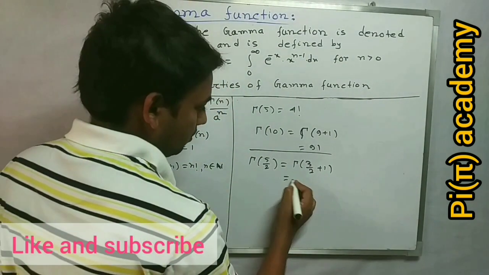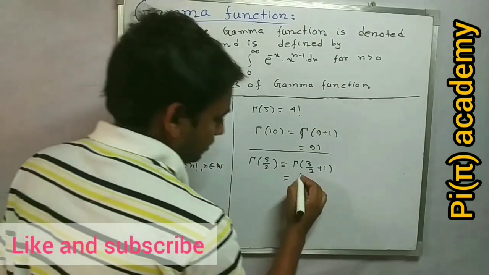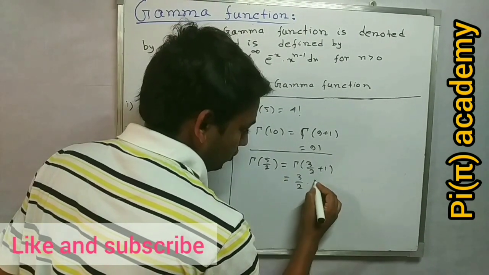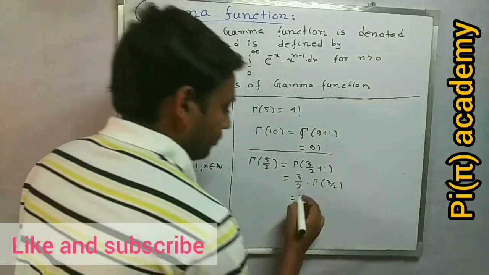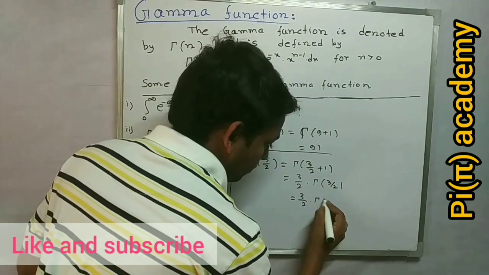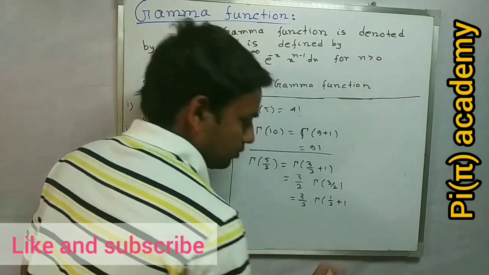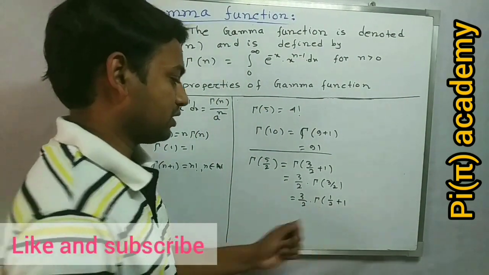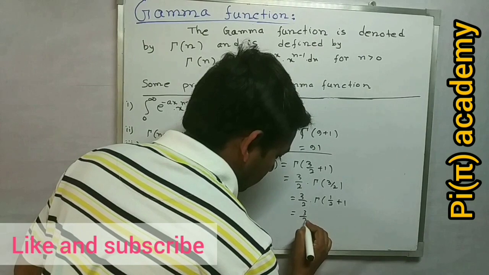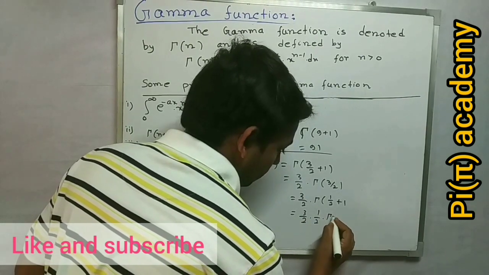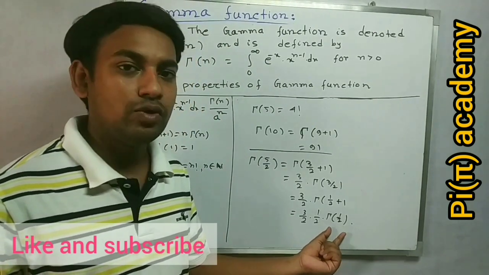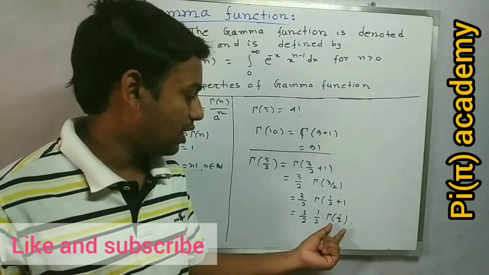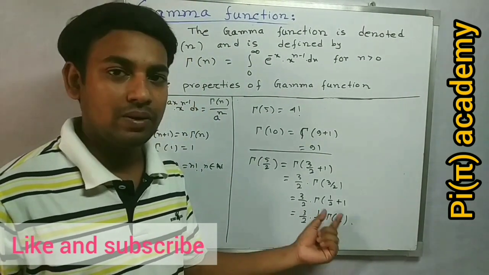By the same property this equals 3 by 2 into gamma 3 by 2, and also 3 by 2 into gamma half plus 1, and this can be written as 3 by 2 into half into gamma half. We can also calculate the value of gamma half. In the next video, I will show how to calculate gamma half.